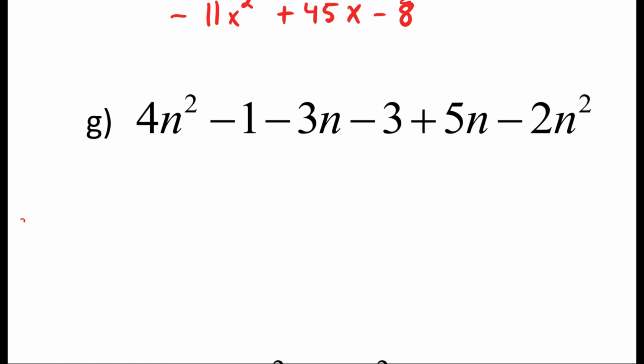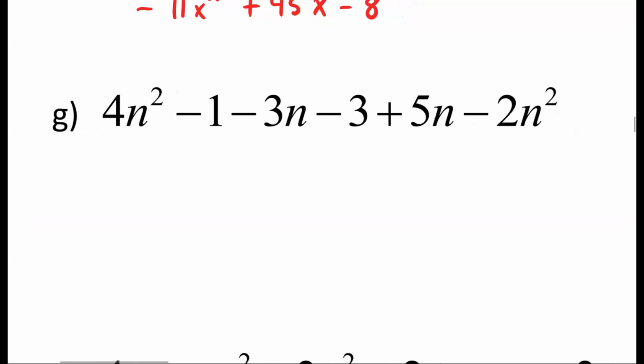In the next example, we have 4n squared subtract 1, subtract 3n, subtract 3, plus 5n, subtract 2n squared. I'm going to start off with looking at what my variables are, and my variables are only n, meaning I have to look numerically now at the exponents, which are going to be listed highest to lowest.